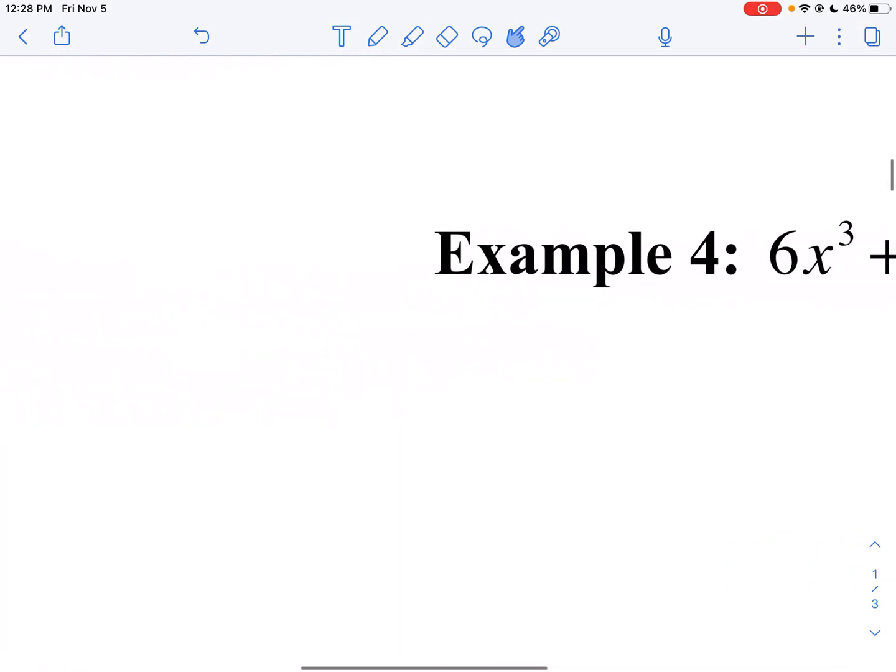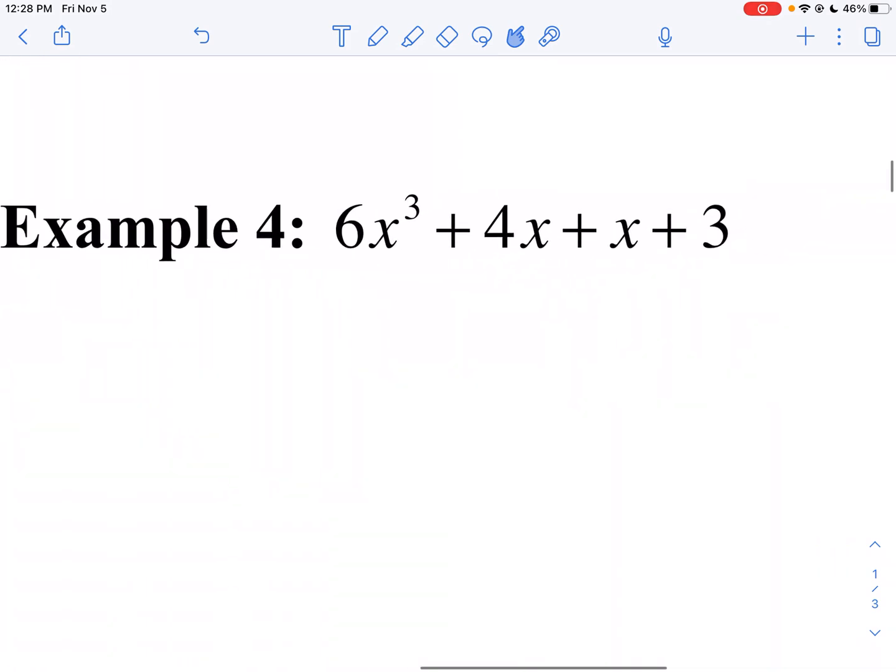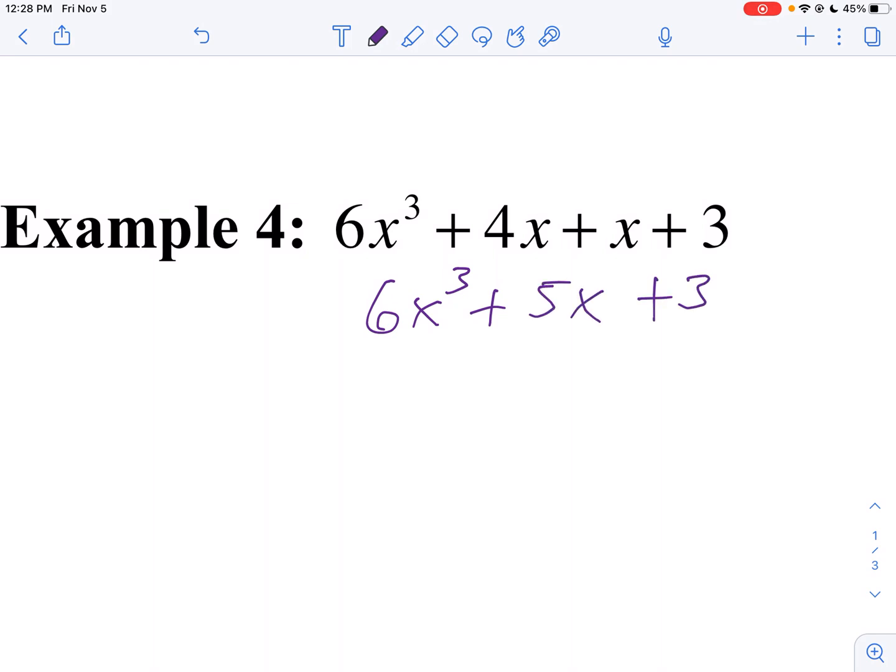Let's take a look at example 4. Notice all my exponents are positive. Maybe we got 2 with like terms here. So maybe let's combine our like terms right away. So I'm going to say 6x cubed plus 5x plus 3. Now all my exponents are positive, so this is a polynomial again. The degree, we pick the biggest one.